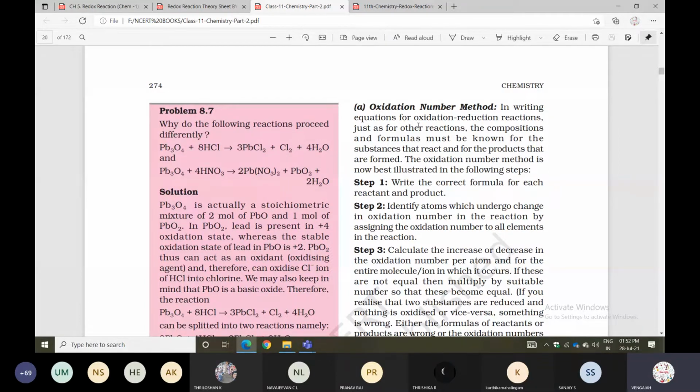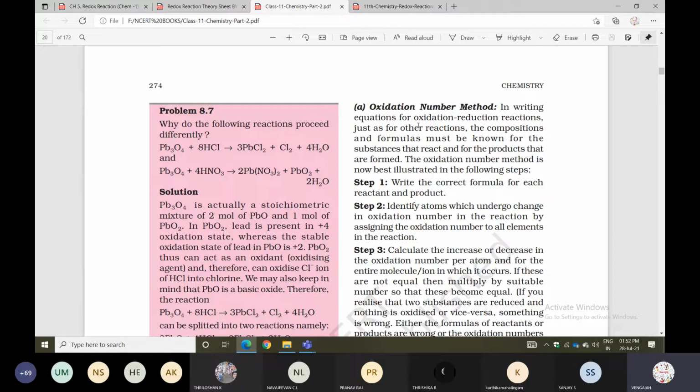So what are the steps? You can make notes. Step 1: write the correct formula for each reactant and product.